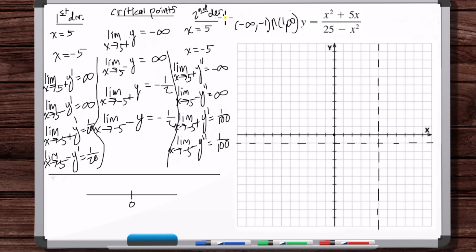Now the farthest endpoints, we don't include those, because the function can't switch across those. If you're only defined on a domain like that, that's the full domain.